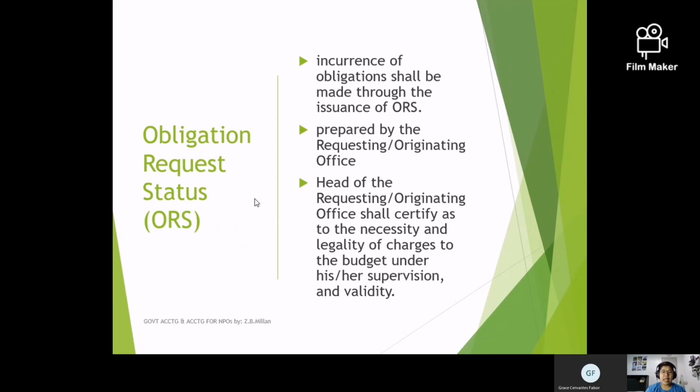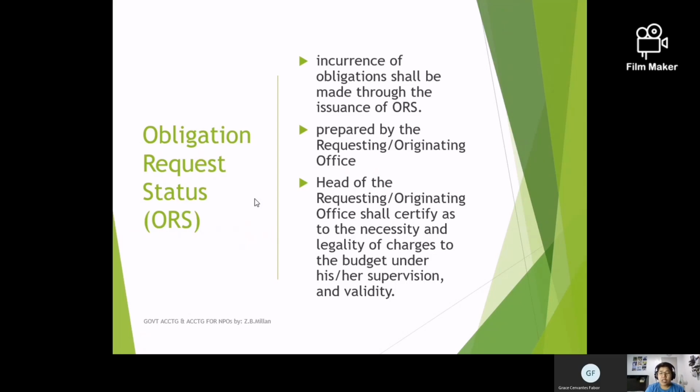It is prepared by the requesting or originating office. Kung ano yung department na nangailangan nung disbursement na yon. Next, it is also the head of the requesting or originating office that will certify as to the necessity and legality of charges to budget under his or her supervision and validity.